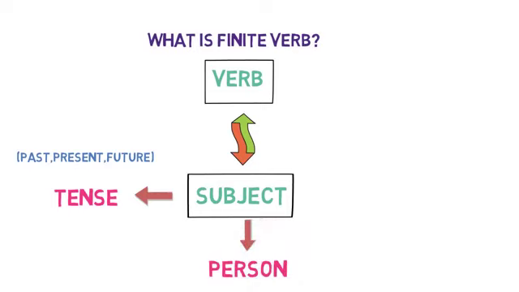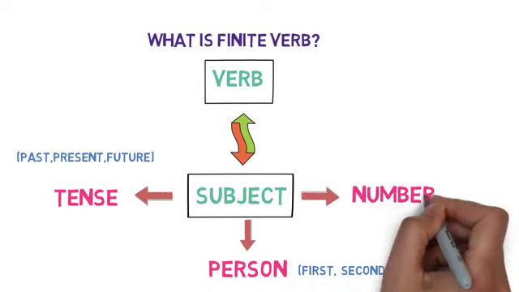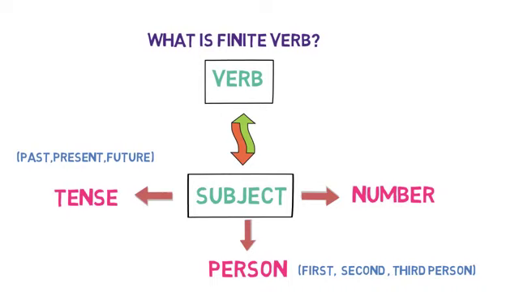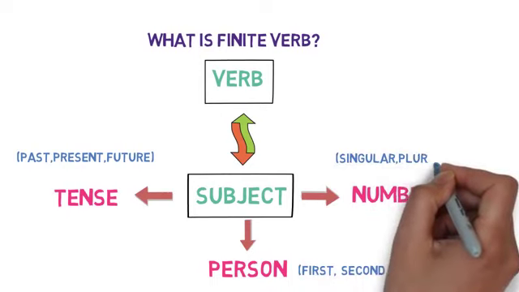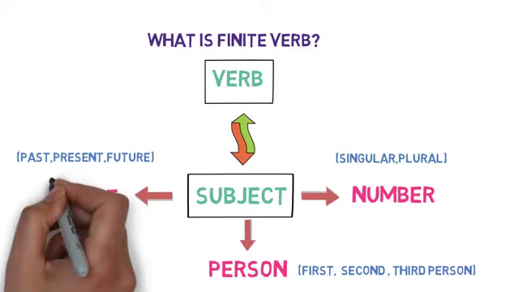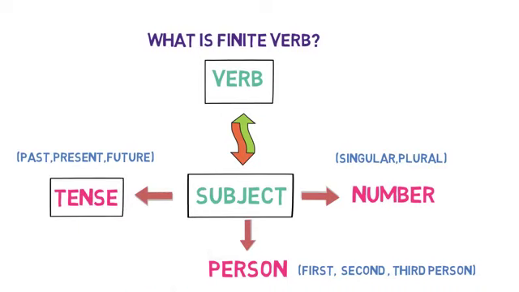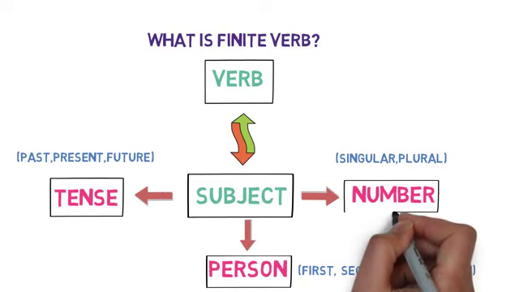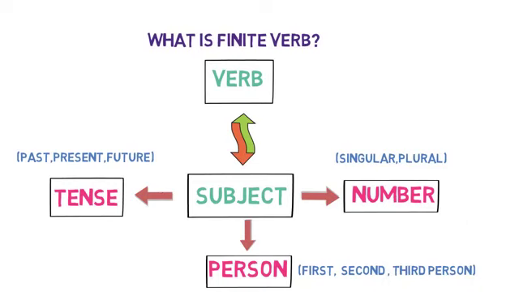That is, the subject is first person, second person or third person. And third is the number. That is, the subject is singular or plural. So, a finite verb will change as per the tense of the sentence, as per the person and as per the number of the subject. Now let's understand each of these parameters with the help of an example.